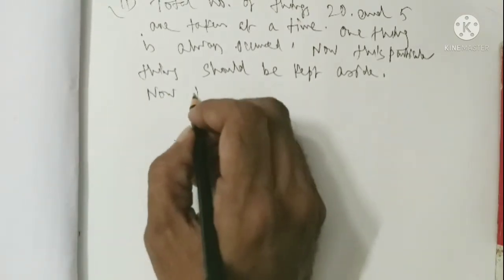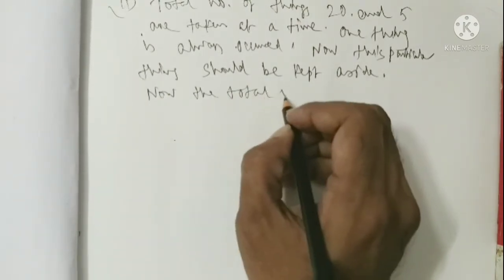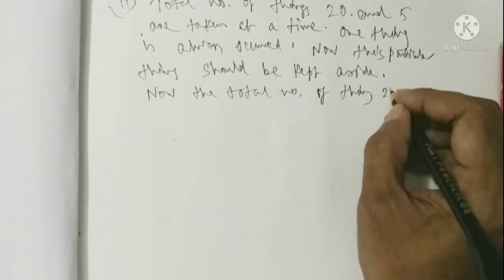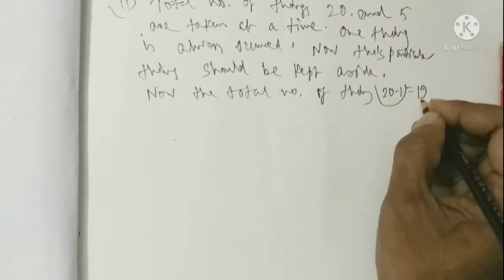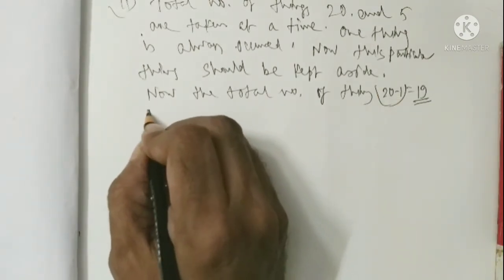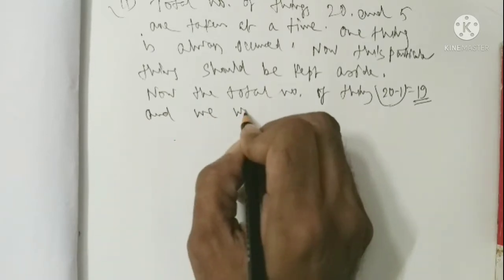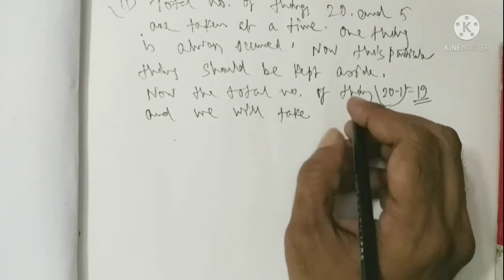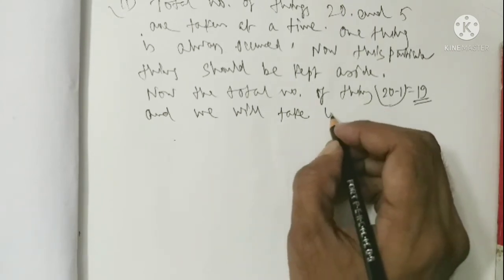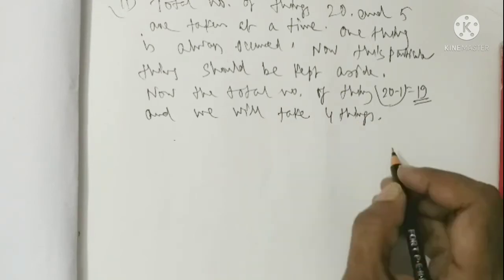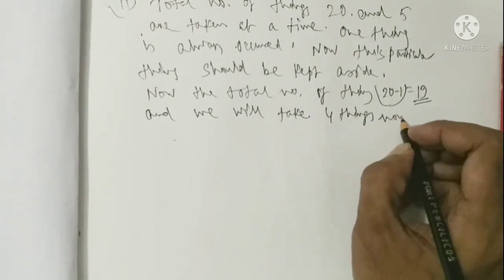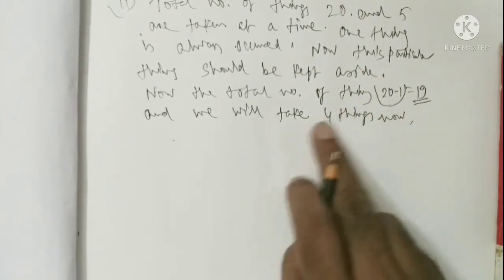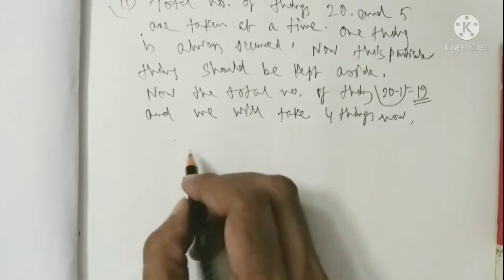Now the total number of things is 20 minus 1, that is 19, and we will take 4 things, because already one thing is taken for arrangement.